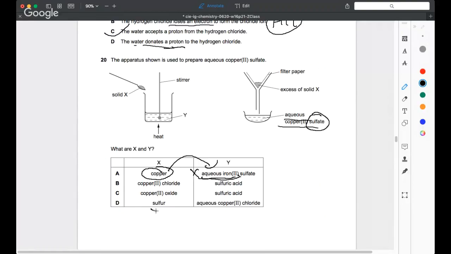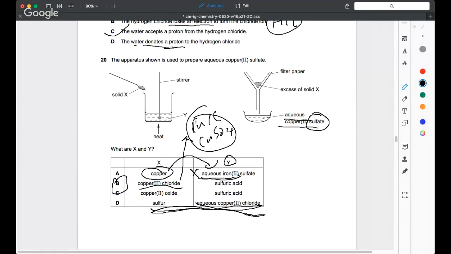D is also wrong. The reaction does not happen between sulfur and copper chloride. So it's B and C. So Y is sulfuric acid. It cannot be B because if you put copper chloride, you'll be left with both copper chloride and copper sulfate.